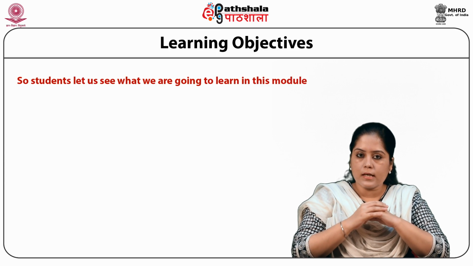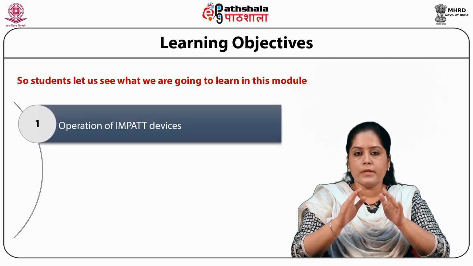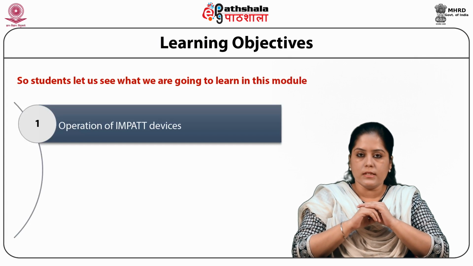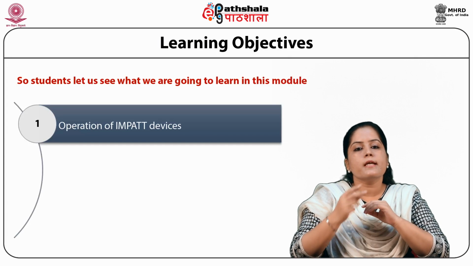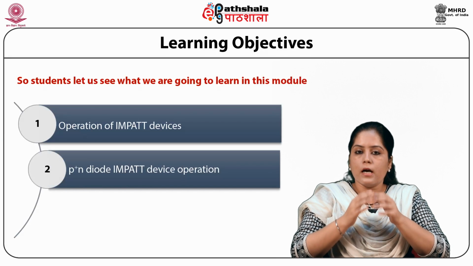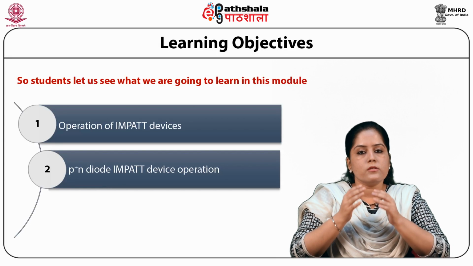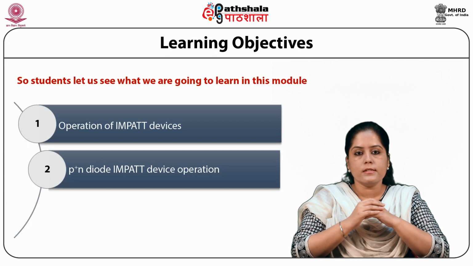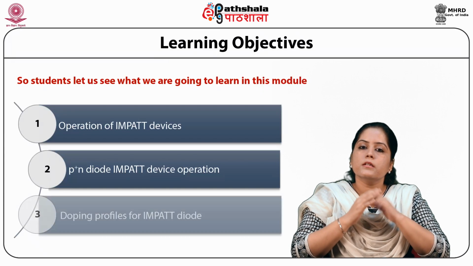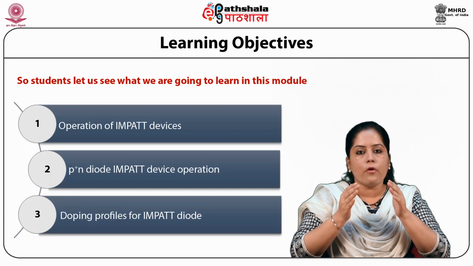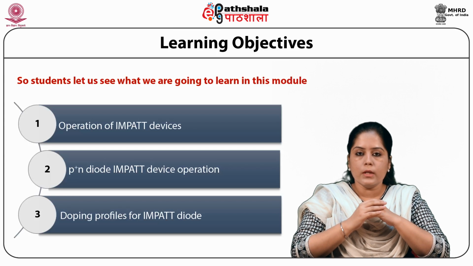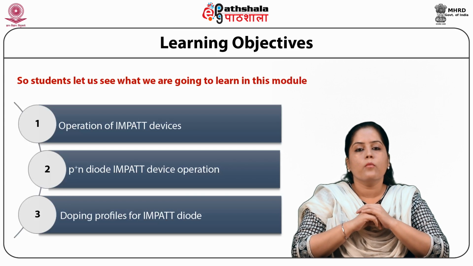First, we will discuss a detailed operation of IMPATT devices. Second, P plus N diode IMPATT device operation will be discussed. Third, the doping profiles for IMPATT diode will be discussed in this module.